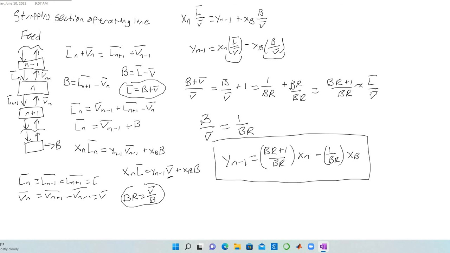And as we said earlier, the slope of the Q line is going to be dependent on our feed stage. So essentially what we're trying to determine is how far we are going to be towards the rectifying section versus the stripping section.